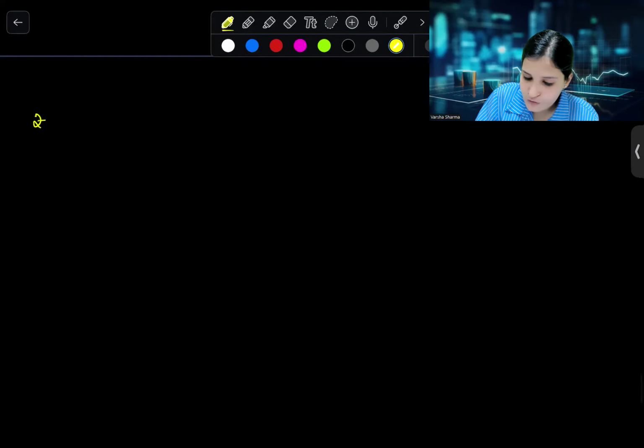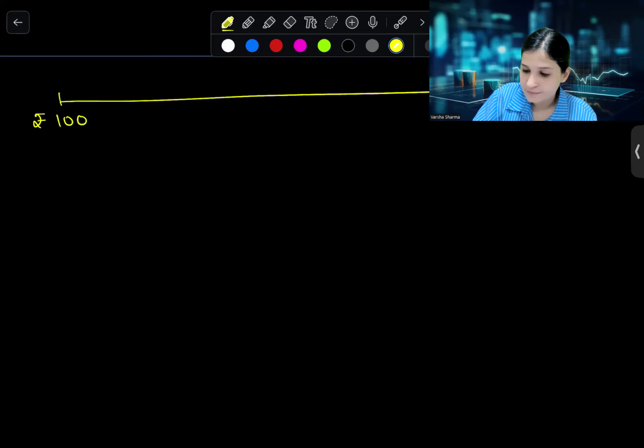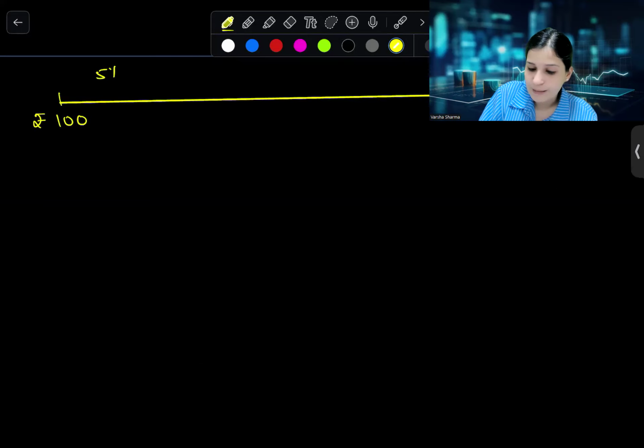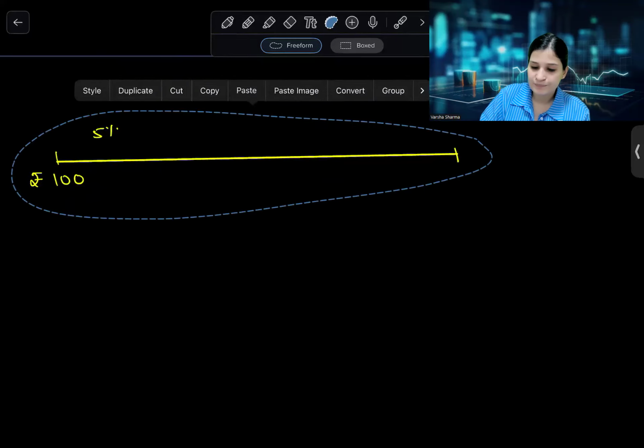Suppose I have invested rupees 100 at 5% per annum, or taken a loan of rupees 100 at 5% per annum.